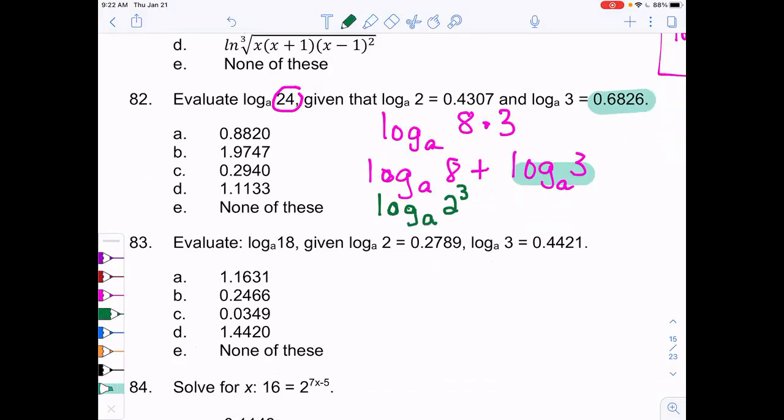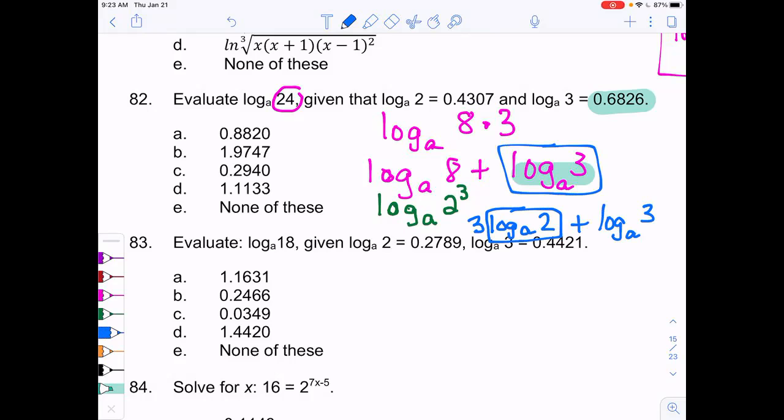So log base A of 8 is really log base A of 2 cubed, which is actually 3 times the log base A of 2. So here's my log base A of 2. Here's our log base A of 3. So after you expand it, you then plug in the 2 numbers that they give you into that problem.